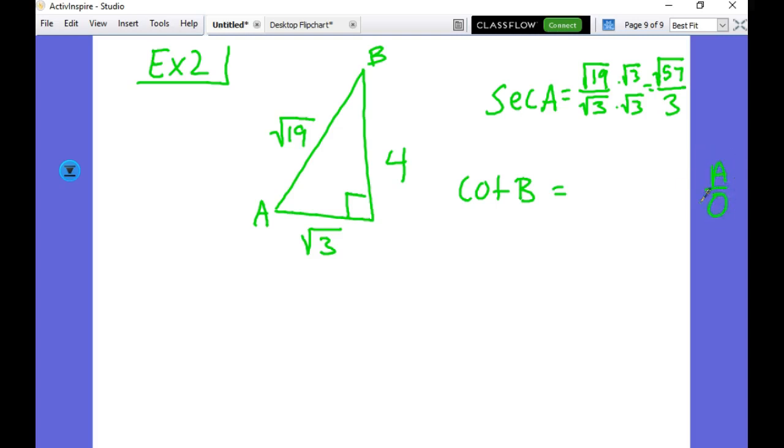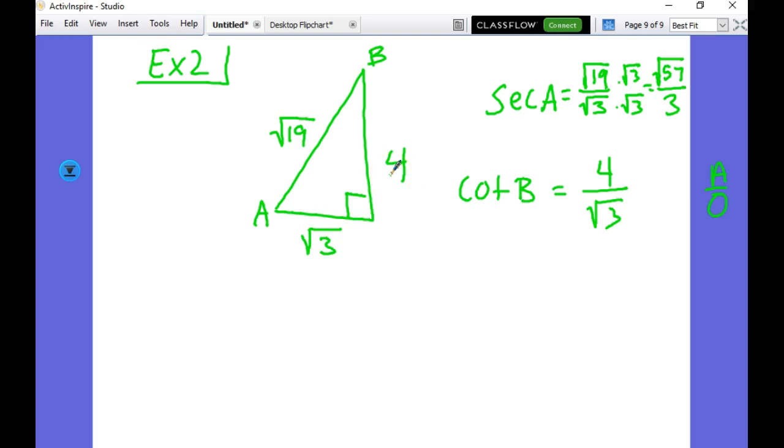Good. Adjacent over opposite. Connor, what is the adjacent side in this case? Good. And what is the opposite? Good. So if B is my reference angle, that's the opposite, and 4 is the adjacent, right?